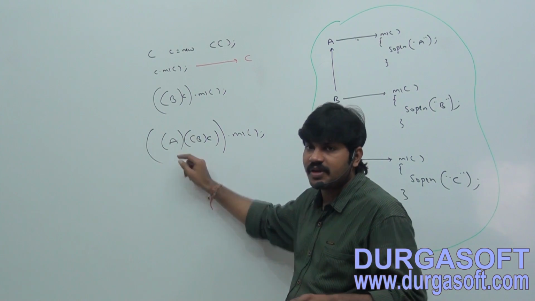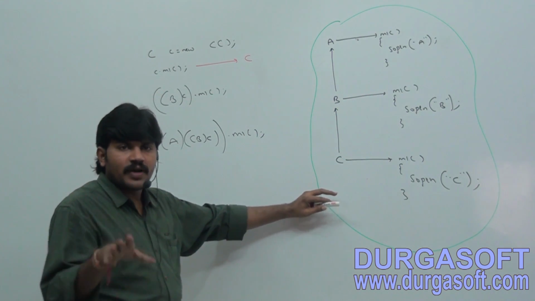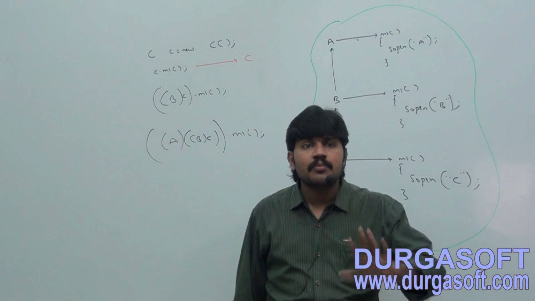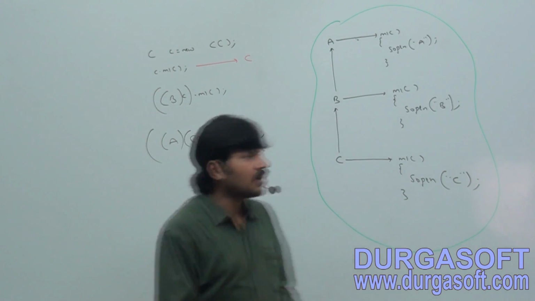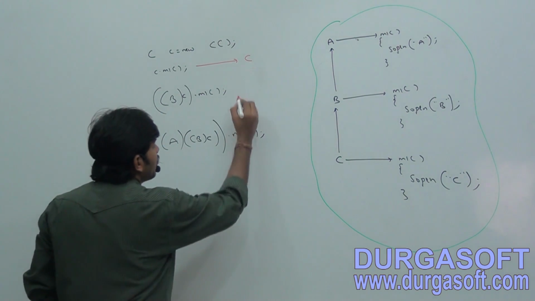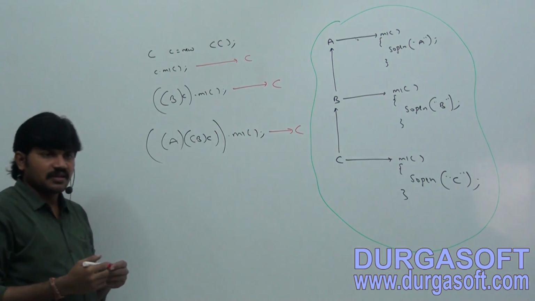Here the A reference, but the runtime object is C type only. It is overriding. In overriding, method resolution is always based on runtime object type. So the runtime object is always C type only. That's why the output by default in all cases is C.